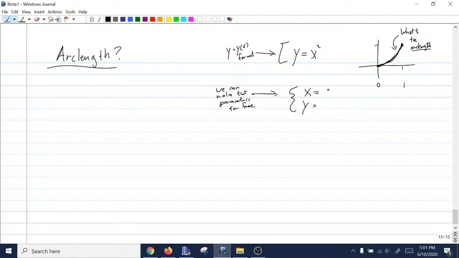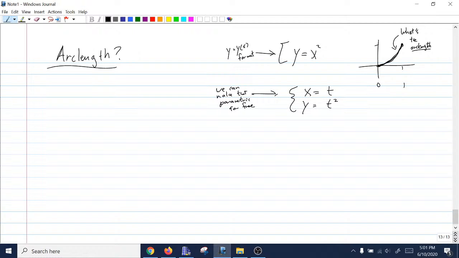And you can always, for free, introduce the parameter, let x equals t, then y will become x squared. Y equals x squared becomes y equals t squared. You can do things more complicated than t. You could make x equal e to the t and y equals e to the t squared. You could make x equals cosine theta, then y equals cosine squared theta. You can do whatever you want. This is the simple one.